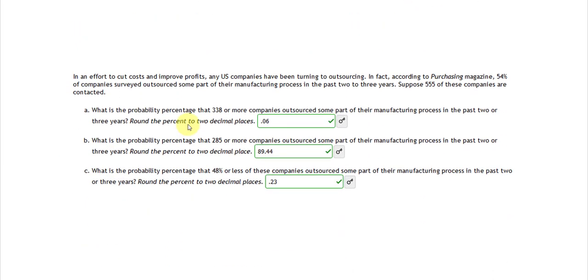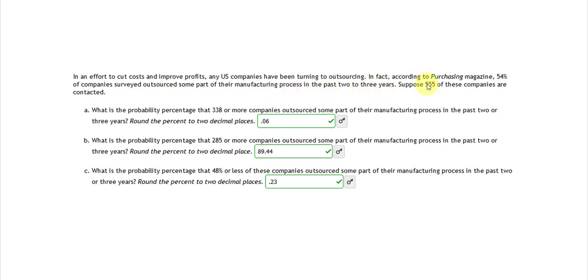Okay, the last example in this problem. In an effort to cut costs and improve profits, many US companies have been turning to outsourcing. In fact, according to Purchasing Magazine, 54% of the companies surveyed outsourced some parts of their manufacturing process in the past 2 to 3 years.